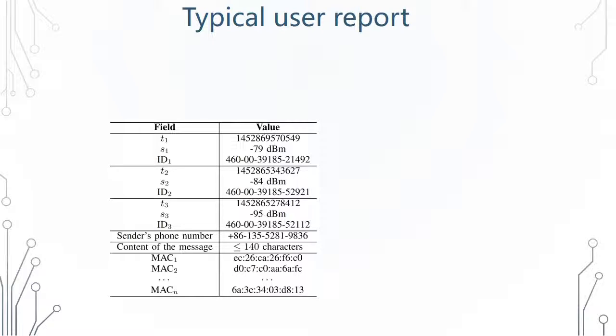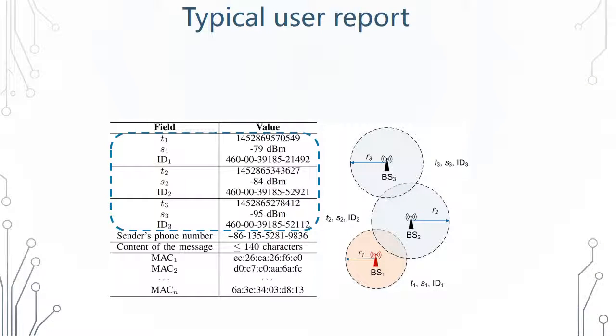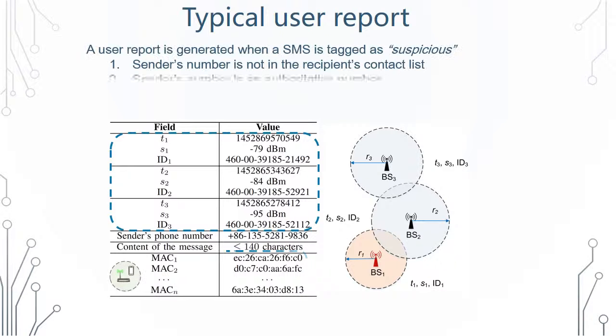So a typical user report looks something like this, where it includes information from the base station that it was recently connected to: the time, the signal strength, and the base station ID. It includes the sender's phone number, the content of the message, and also the MAC addresses of neighboring Wi-Fi access points.